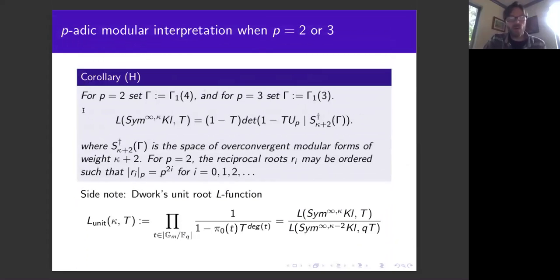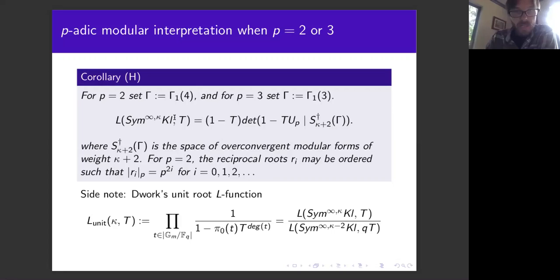And this is a corollary of that previous theorem, which basically says that these infinite p-adic symmetric power L functions, when p is equal to 2 or 3, are in fact equal to the Fredholm determinant of the U_p operator acting on S_kappa dagger. This S_kappa dagger is a space of overconvergent p-adic modular forms of weight kappa plus 2.